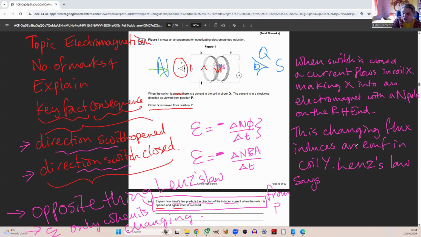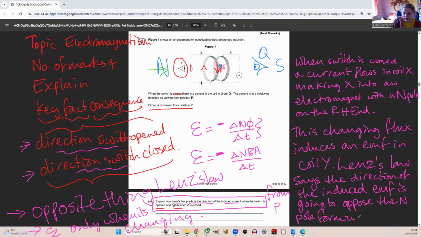It says that the direction of the induced EMF is going to oppose the North Pole forming by creating a North Pole on the left-hand side of coil Y. I can't fit it in, I've run out of space.